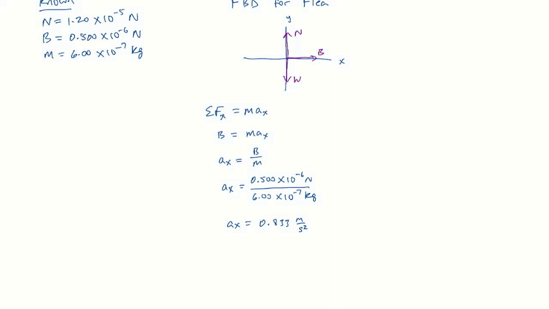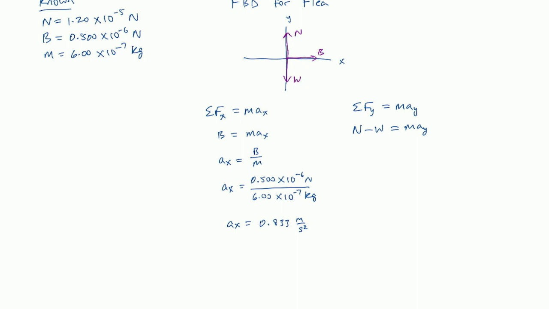Let's apply Newton's law in the y direction. So the sum of the forces in the y direction is equal to the mass of the flea times the y component of acceleration. All right, in the y direction, we have the normal force up and a weight down. So we'll have the normal force minus the weight is equal to m a sub y.